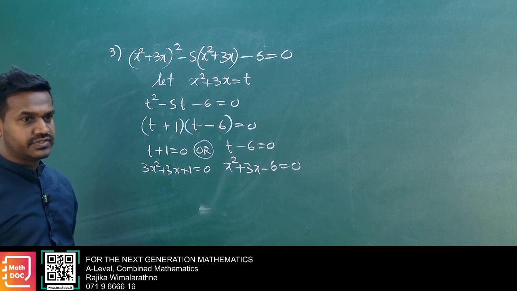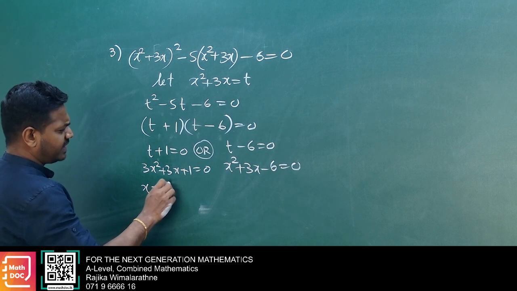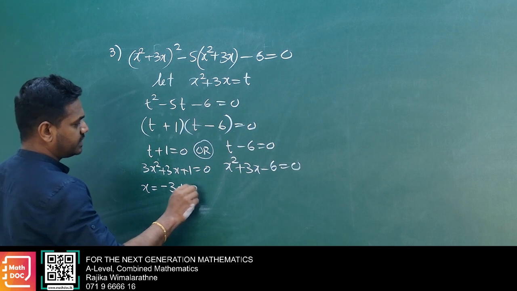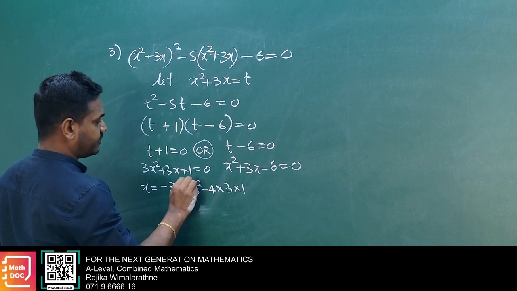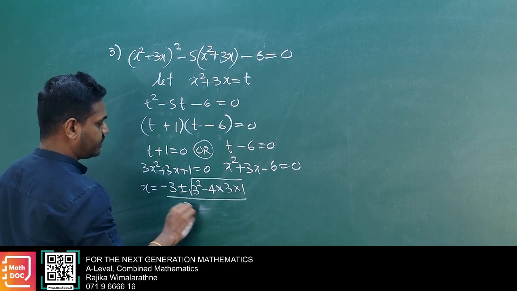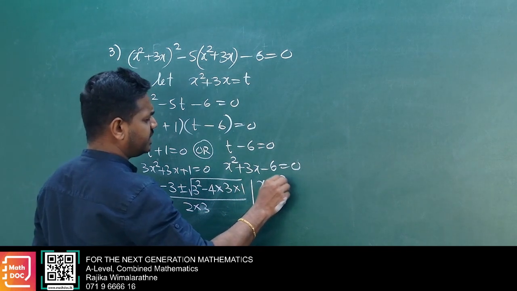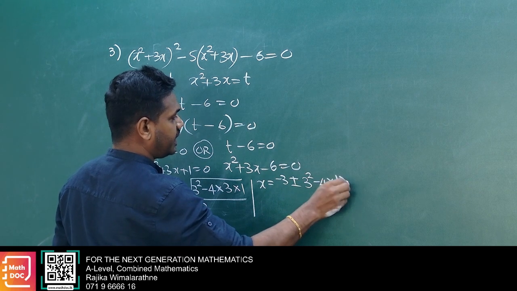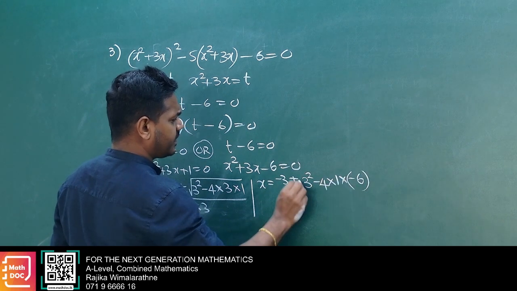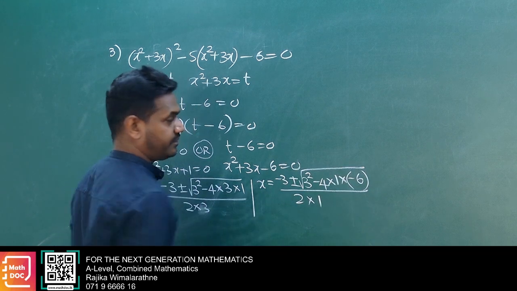Then in each case you can write the solution. x equals minus b plus or minus root of b squared minus 4ac, divided by 2a.